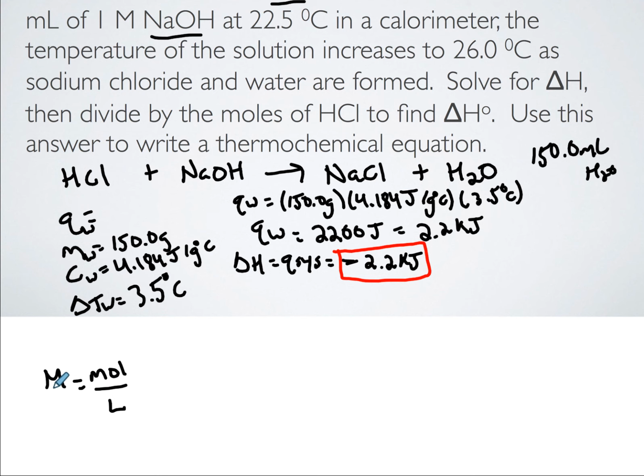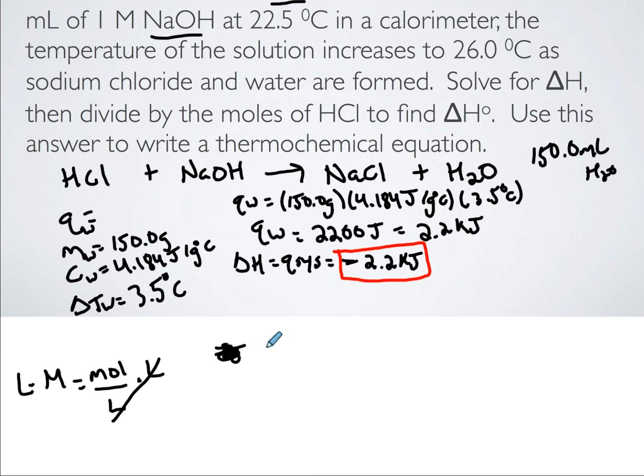I know my molarity was 1 molar, and I know my volume was 75 milliliters. So if I multiply both sides by liters, I can cancel out and figure out how many moles I'm supposed to be using here.